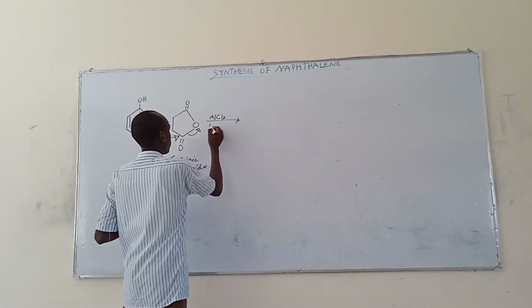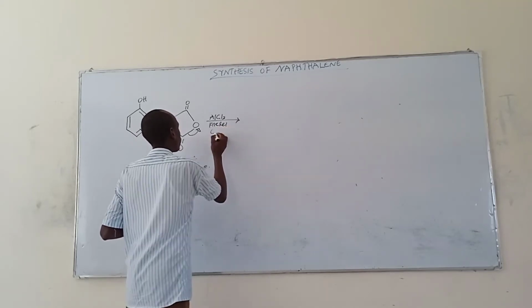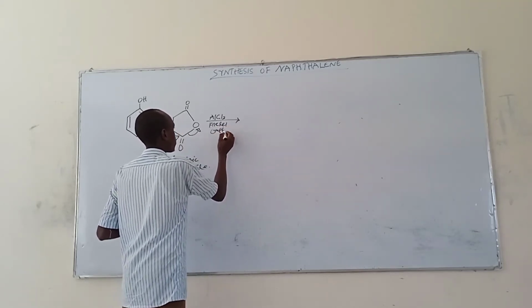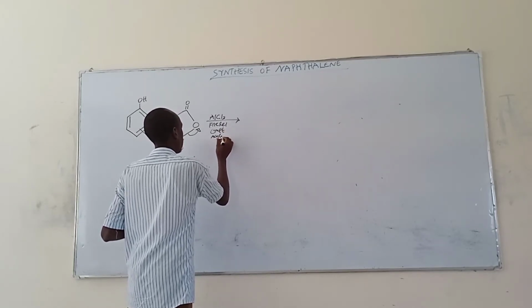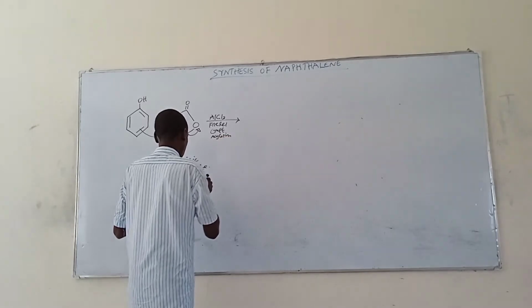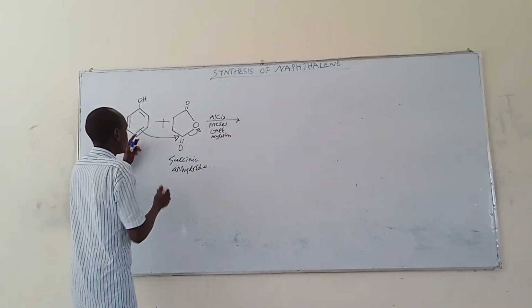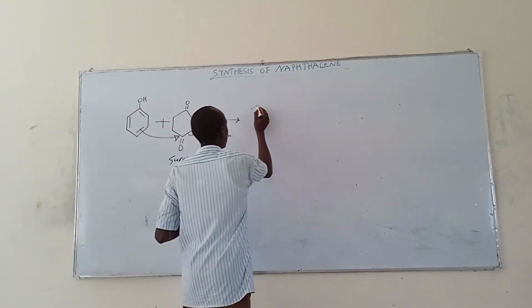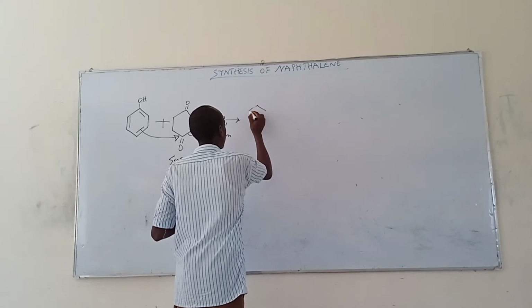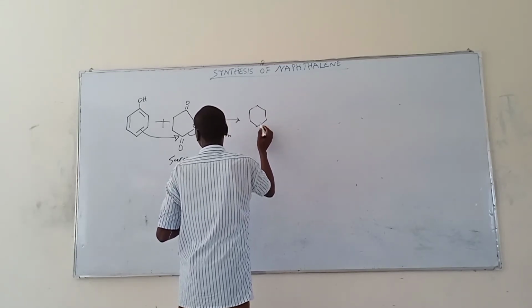This is Friedel-Crafts acylation. So after the ring attacks the carbonyl, this bond shall open up so that we shall end up having this.